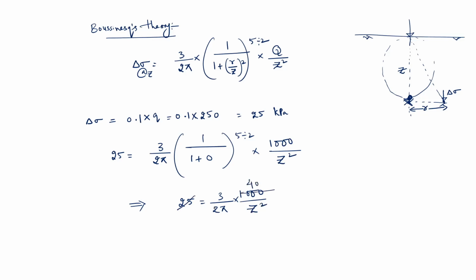Then z square equals 60 by pi, and z is the square root of 60 by pi, which is equal to 4.37 meters.